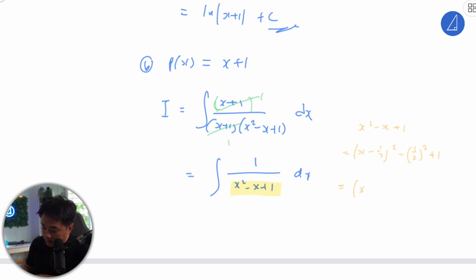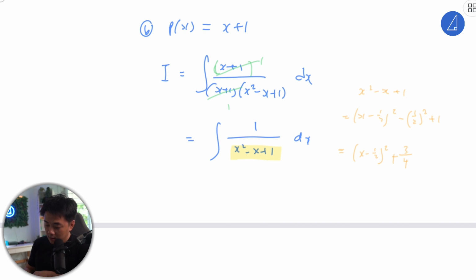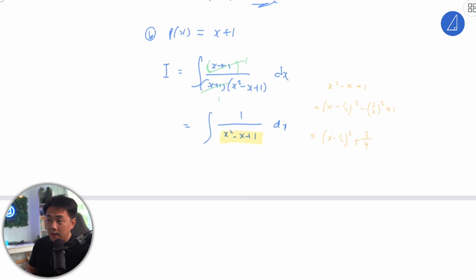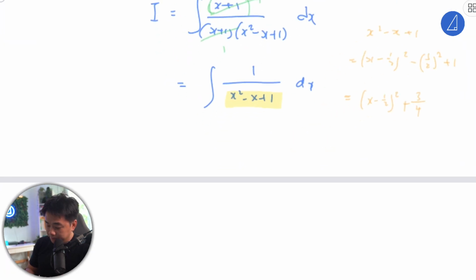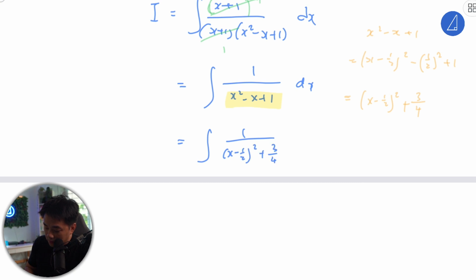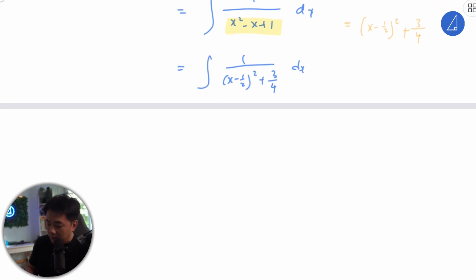That will be x minus a half squared plus 3/4, since 1 minus 1/4 is 3/4. So there you go, this is my completed square form. From here, what I'll get is 1 over x minus a half squared plus 3/4 dx. Then I'm just gonna take the square root, and what we get is tangent inverse. Use MF27.